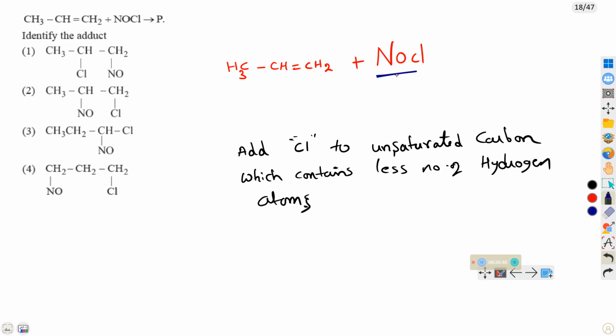Of NOCl, you can assume it as HCl. It follows Markovnikov's rule. Similarly, then CH3CHCl CH2NO. Based on that, the first option is correct.